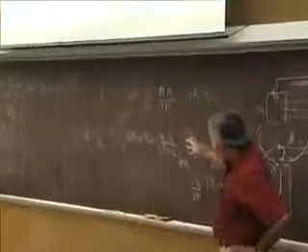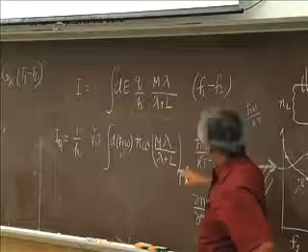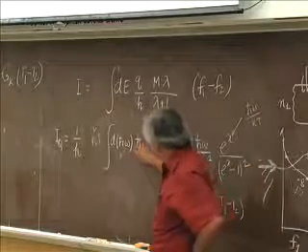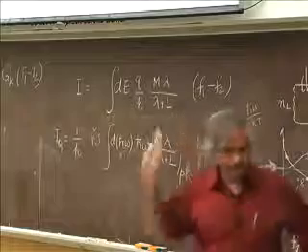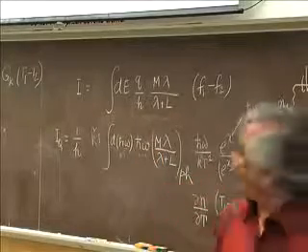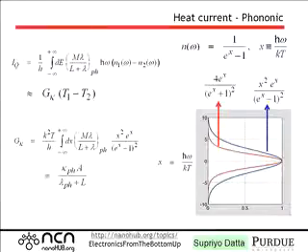But when you calculate this, you pick up one h bar omega from this energy, and then from this derivative, another one, so that finally the function you get has this x squared in it: x squared e to the power x over e to the power x minus 1 squared. And that one, as x goes to 0, doesn't blow up, because the denominator for small x is like x squared, which just cancels out. So it's a perfectly well-behaved function. There are no problems at all as far as this is concerned.